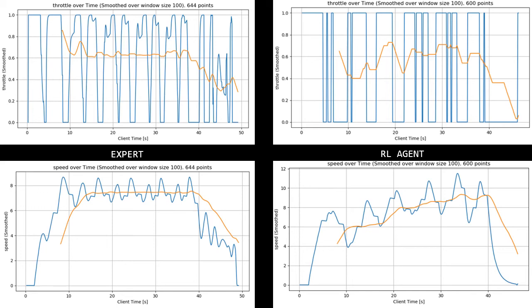But still, with the agent we get a speed profile, the top right over there, which is a little bit wavy. Again, one of the reasons might be that now I'm outputting the throttle directly, so it's not made by any PID controller. But this was just some additional source of information when trying to understand what was happening.